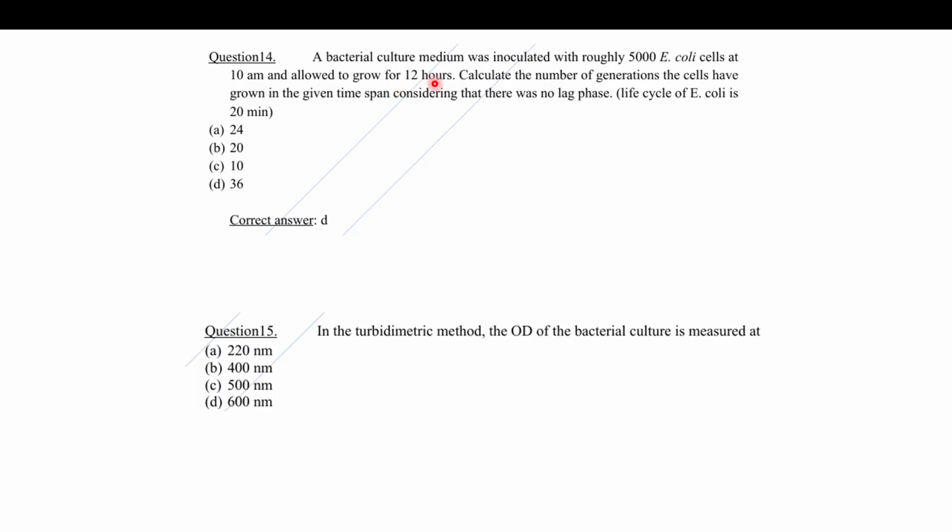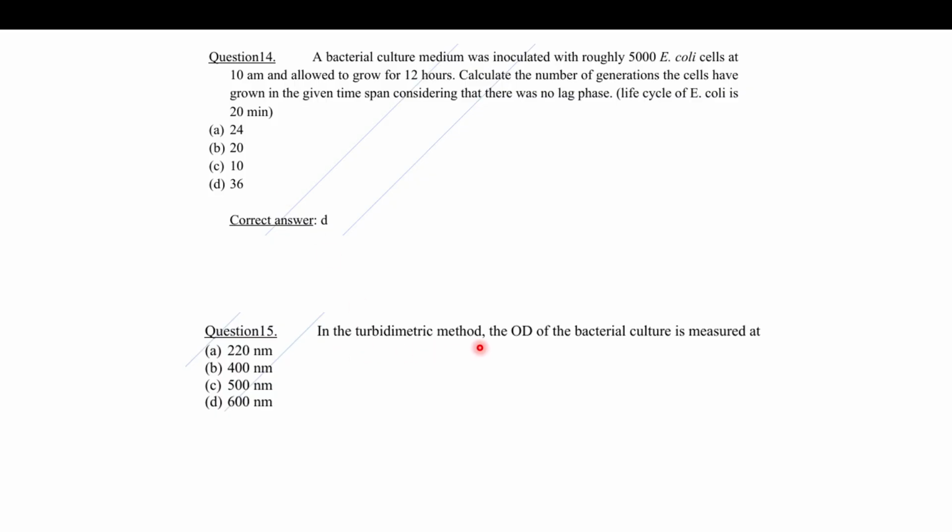So what you basically have to calculate is just the number of generations. You have to divide the total incubation time by the generation time. That's it. You don't need the initial number of cells here or the exact time point. Okay. So 36 generations will be the answer here.